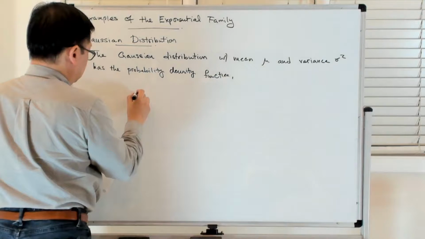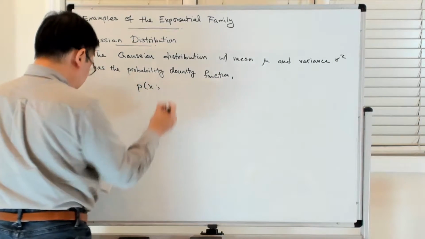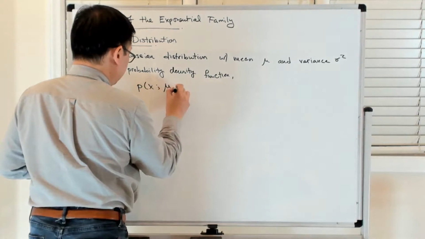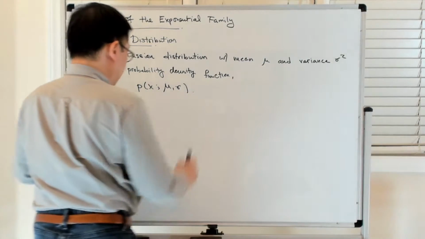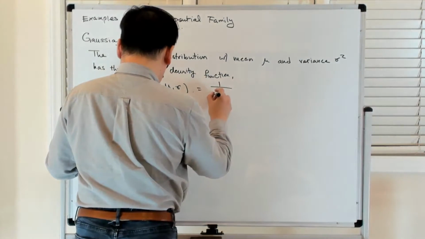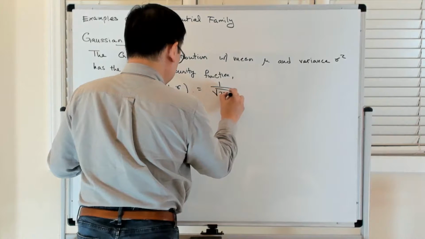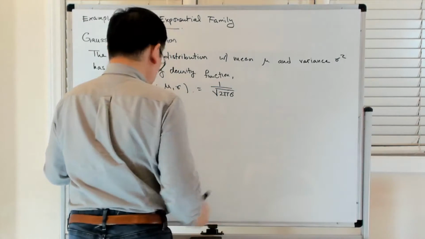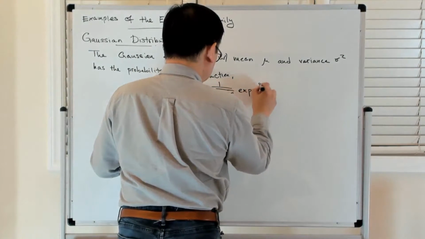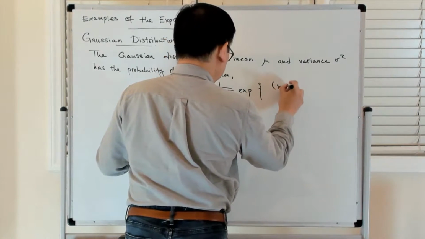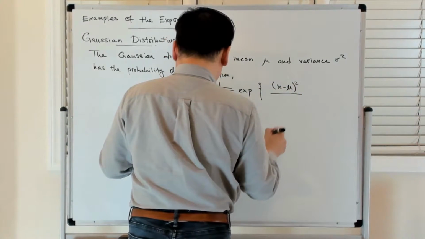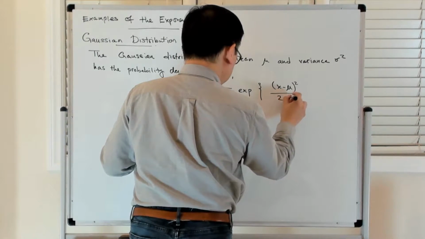P of x depends parametrically on mu and sigma. It's 1 over square root of 2 pi sigma times the exponential of minus x minus mu whole thing squared divided by 2 sigma squared.